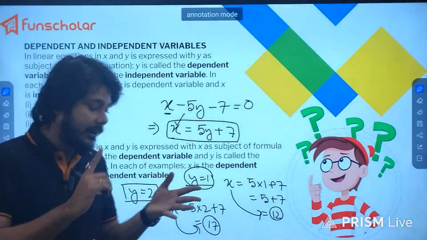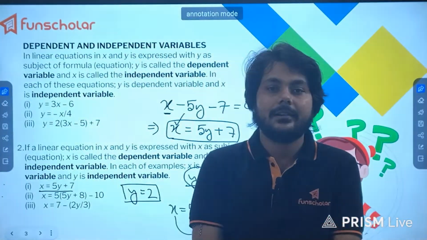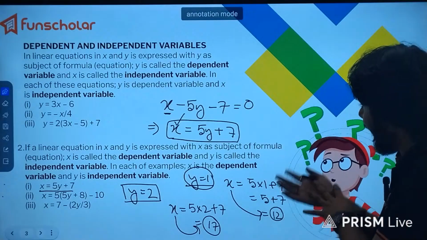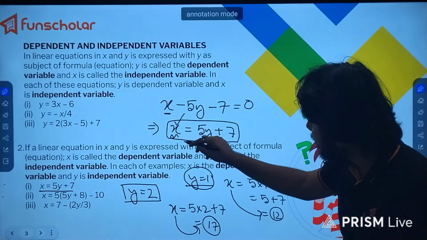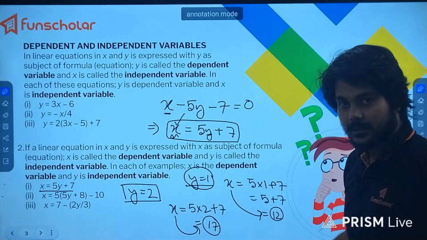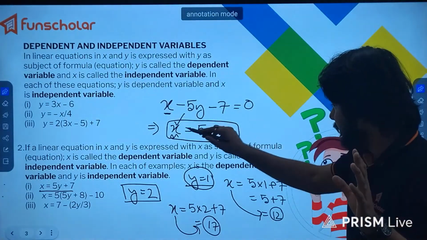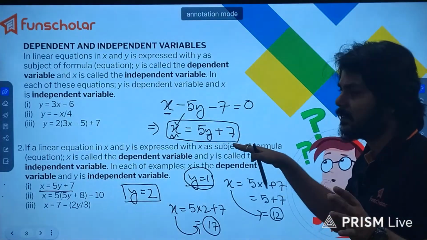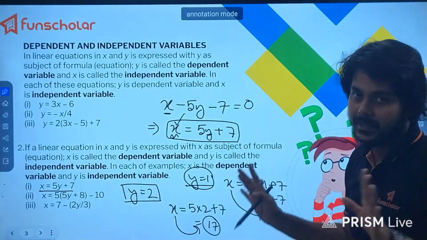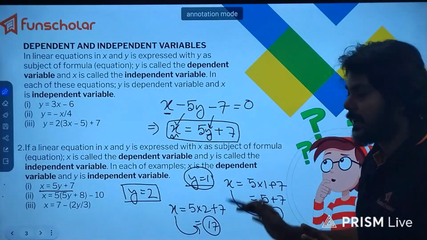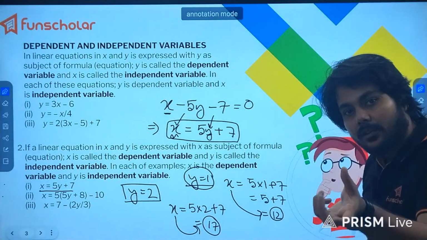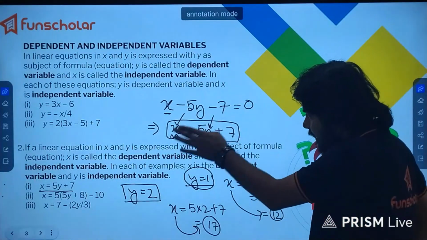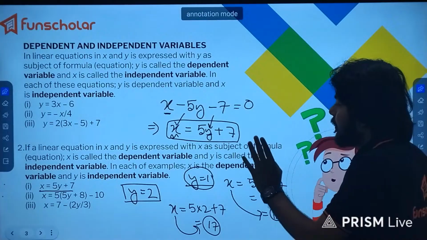Now here, point to be noted, what is the dependent variable and what is the independent variable? See, the value of x totally depends on the value of y. Now, the value of x also depends on these two constant terms, but these are constant terms, meaning their value cannot be changed. As y is the variable, only the value of y can be changed. So here x is dependent only on y.